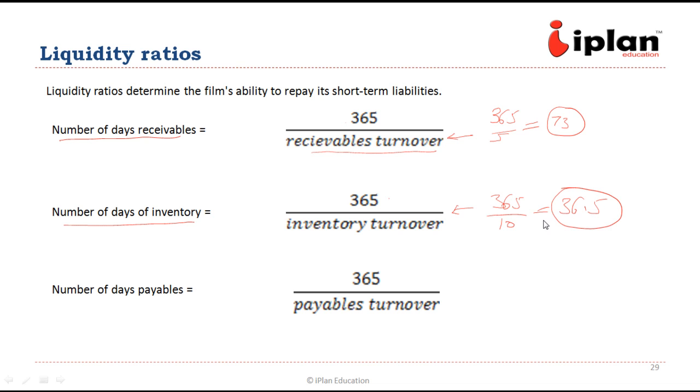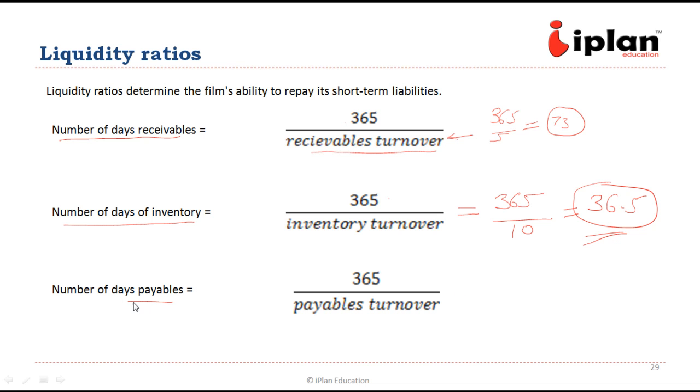If we take an example, if in a year we are able to turn over our inventory say 10 times, that means the number of days of inventory is 36.5. These many days are required to turn over the inventory once.